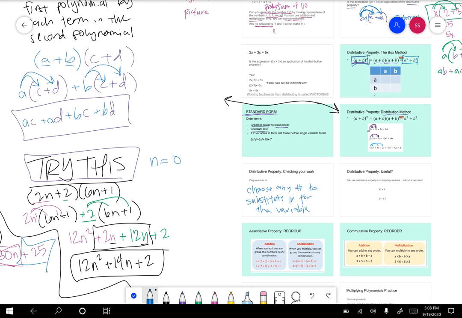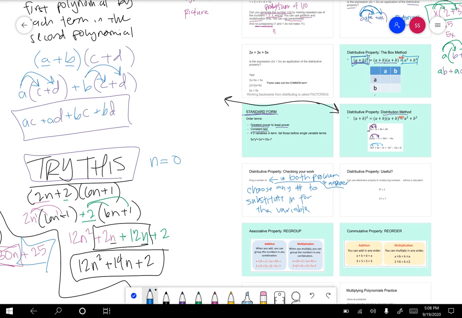It could literally equal anything: a positive number, negative number, 0, fractions, decimals, as long as n is the same number in all of it. What you're going to do is substitute that number in both the problem and your answer. If they equal the same thing, then you're good.